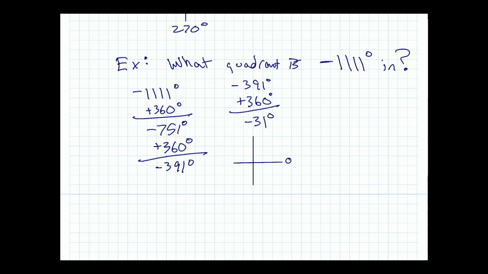Because I know this is 0, and if you went negative 90, it'd be down there. So negative 31's got to be like that. But if you pretend that you didn't know that, you could add another 360 and get 329 degrees.